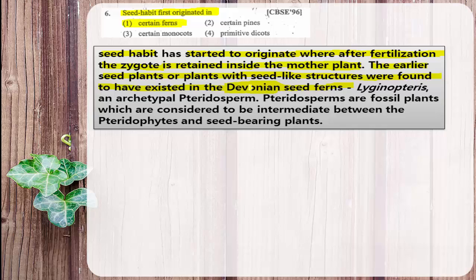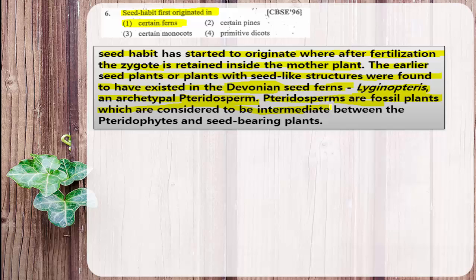The Devonian is the term used in the geological time scale where the seed ferns originated. The name of that seed fern is Lyginopteris, a type of pteridosperm, not pteridophyte. Pteridosperms are fossil plants, which means they are completely extinct now.